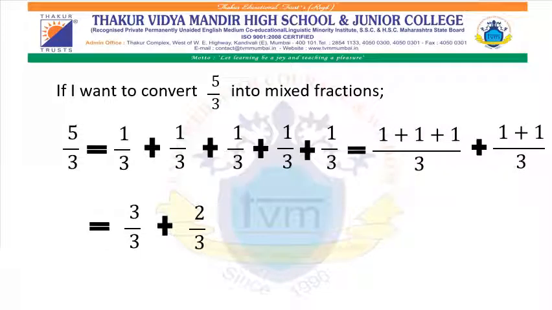Now 3 upon 3 is equal to 1. So 1 and 2 upon 3 is the mixed fraction. So if you are having an improper fraction, you can convert it into a mixed fraction. But if you are having a proper fraction, you cannot convert it into a mixed fraction.